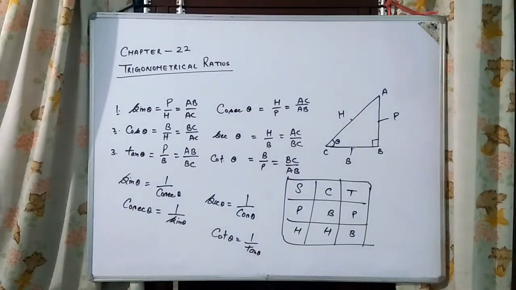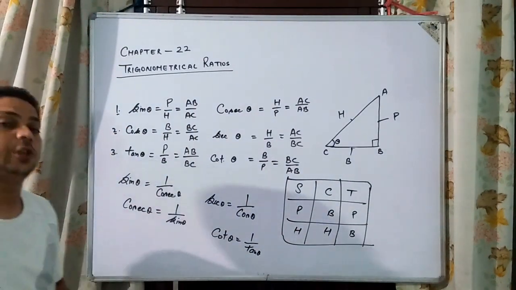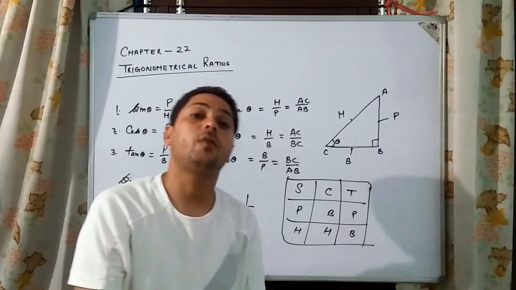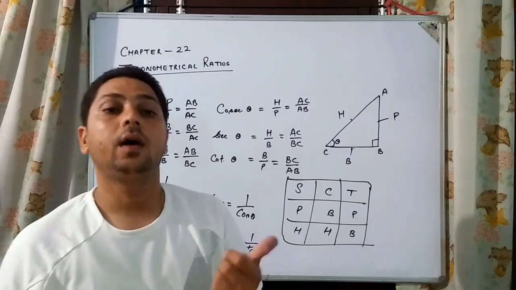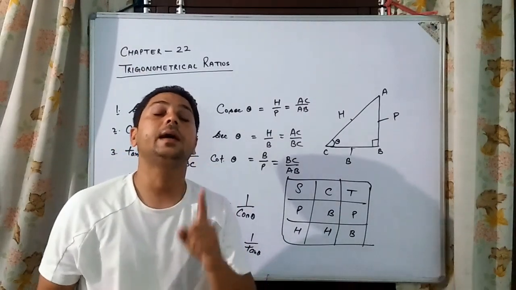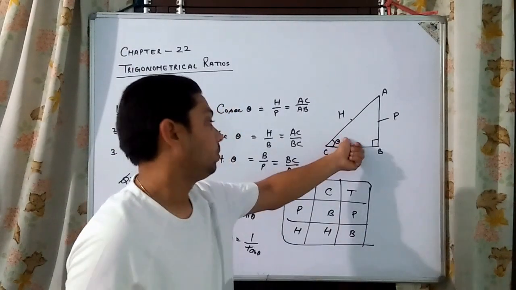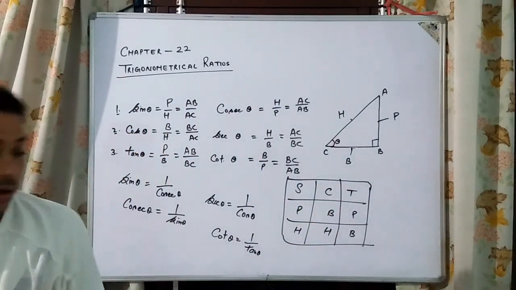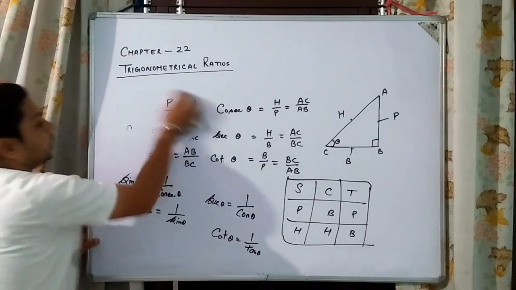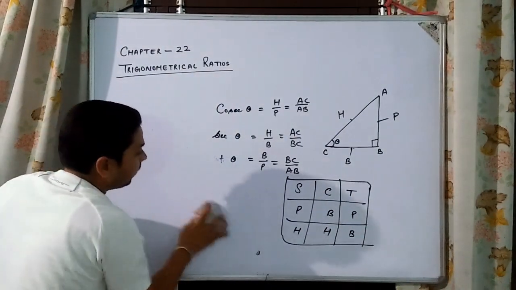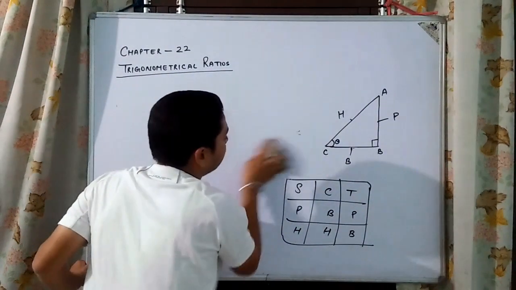So in this way we can have the relationship between the sides of a right angle triangle and the angle of a right angle triangle. Okay, and that angle is a base angle. Now let us solve this formula with the other base angle.